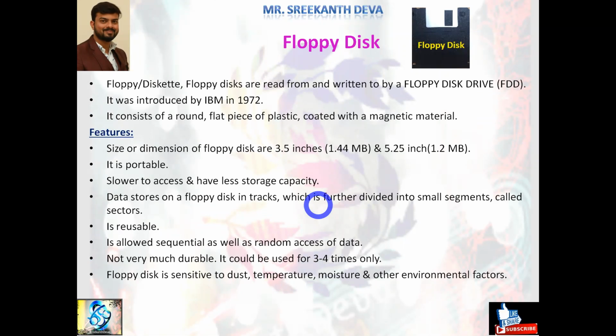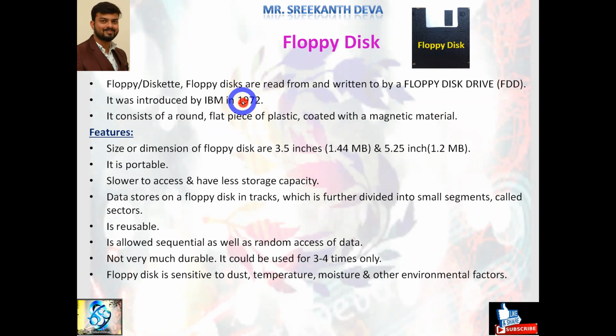But in olden days the floppy disk was one of the most popular data storage media, used for permanent data storage and data transfer before the invention of the compact disk, CD.